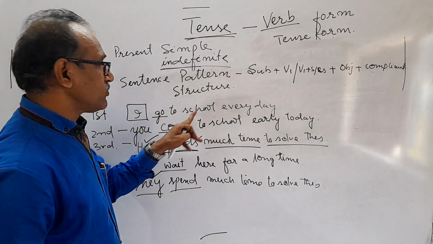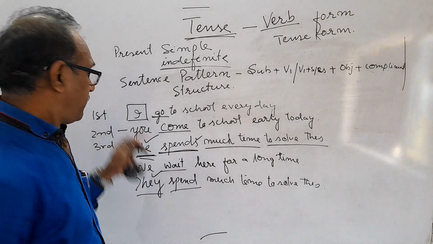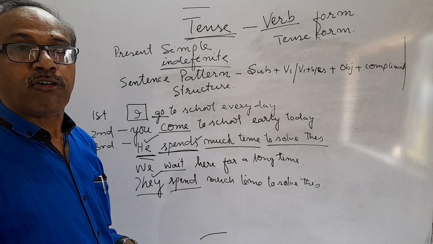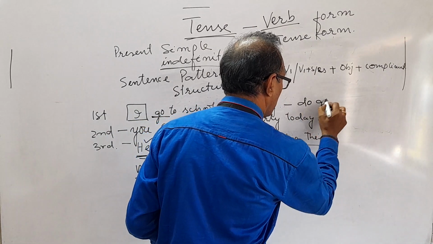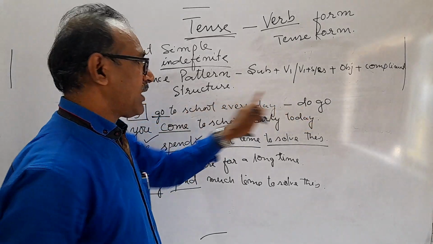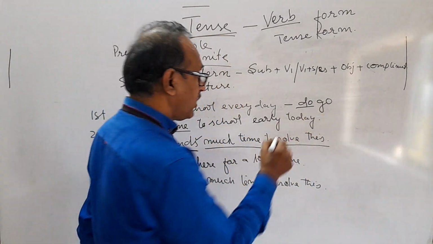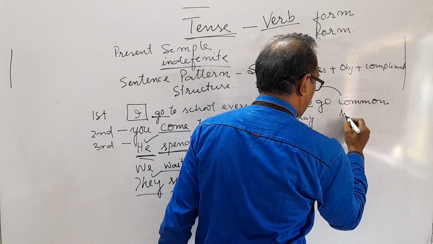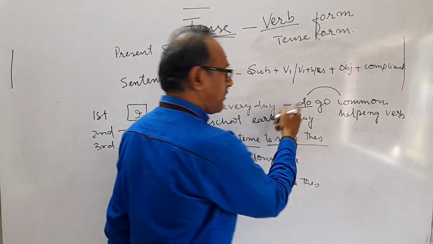Okay. Now let us split this sentence. If it is I go to school every day, here this is go. When we make this particular sentence negative, then another system we have to follow, that is go means here it is do go. Go and do go are both the same by meaning, they have no difference, but here do has been added to this. So this do is called common helping verb.